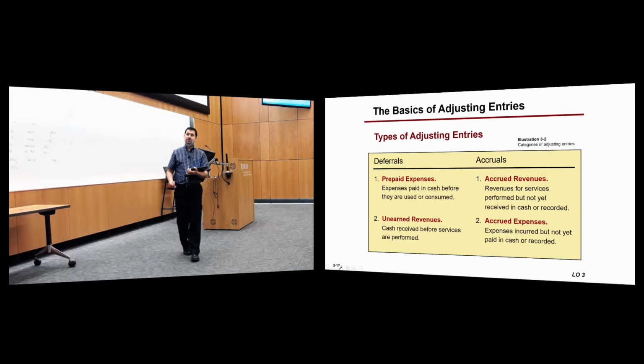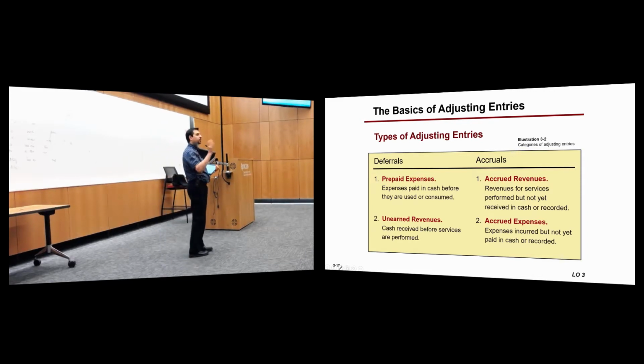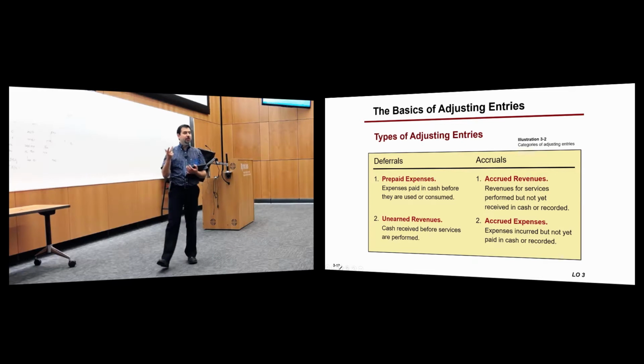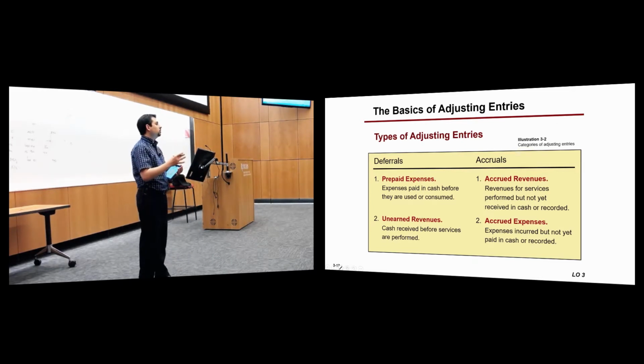Anyways, so basically this is what happened. We have accruals, and we have 2 types of accruals. We have accrued revenues. Remember the 3 billboards? The company did not fulfill the whole obligation of 3 billboards, but they did 1 of them. So they had accrued revenue.